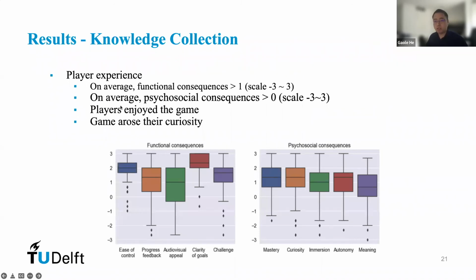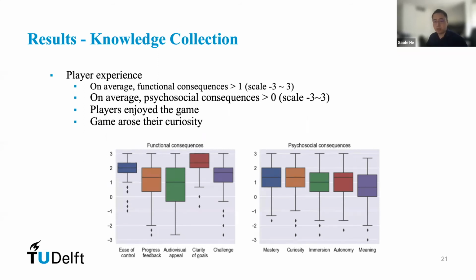Based on our findings from the player experience questionnaire, the main functionalities of Find It Out were well understood and appreciated by players. On average, players rated the functional consequence, which indicates the immediate experience as a direct result of game design choices, with about 1 on a scale of -3 to 3.